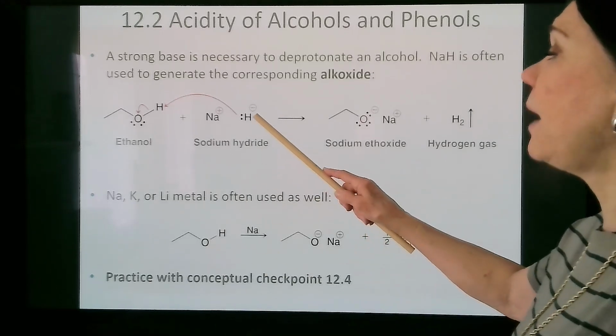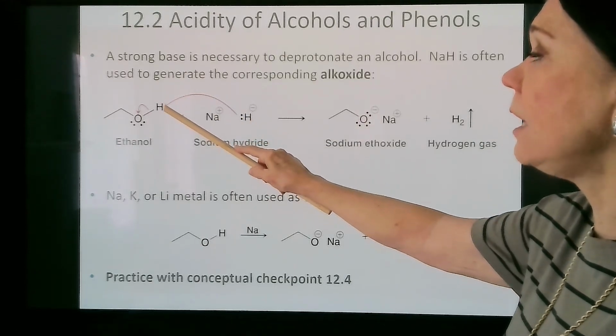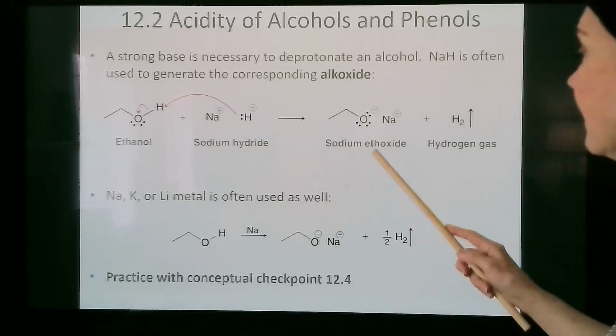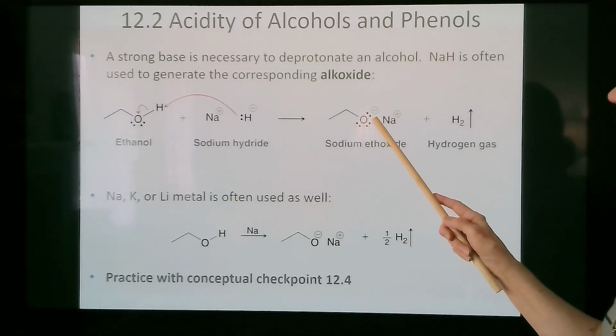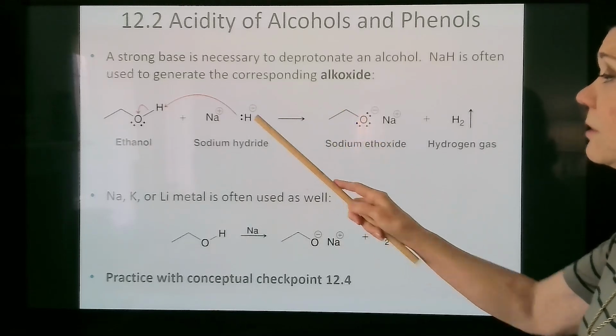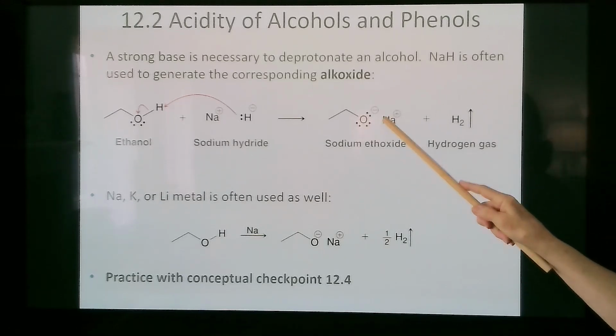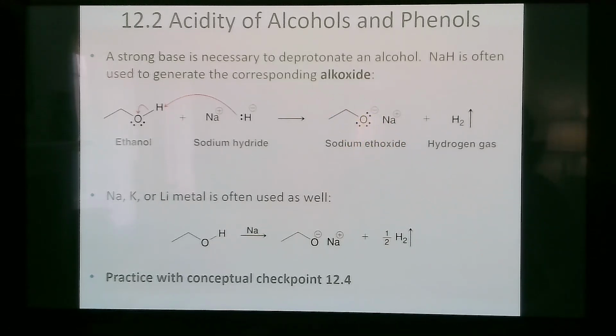You need a strong base like hydride to deprotonate an alcohol and generate an ethoxide. This is also a very strong base, but not as strong as the hydride. And here, hydrogen gas is evolved, so that will drive this to completion.